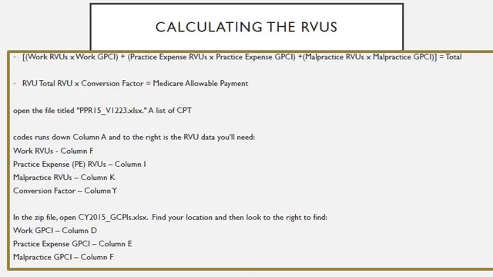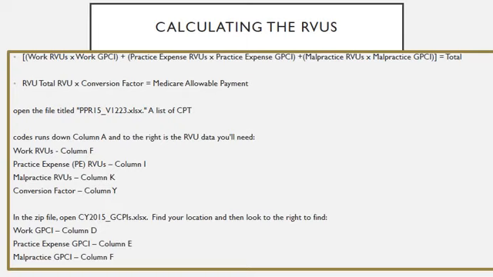And if you want to know how to calculate it, you just go to that web address that I gave you and download those tables. They're all Excel spreadsheets, and then you'll have to plug in the RVU data that you'll need from the first list. You go to column F for your work RVUs. You go to column I for your practice expense or PE RVUs.